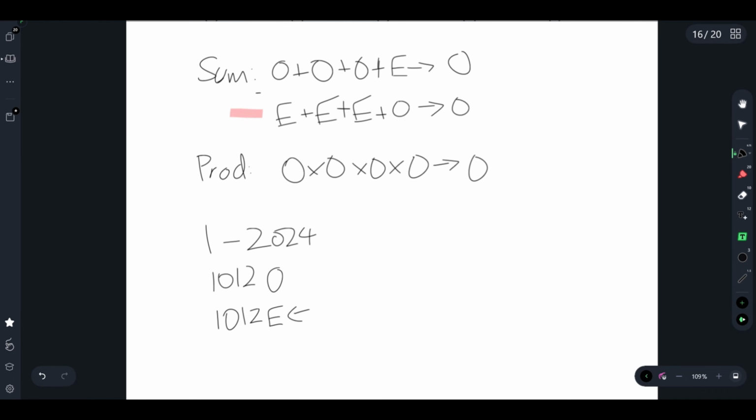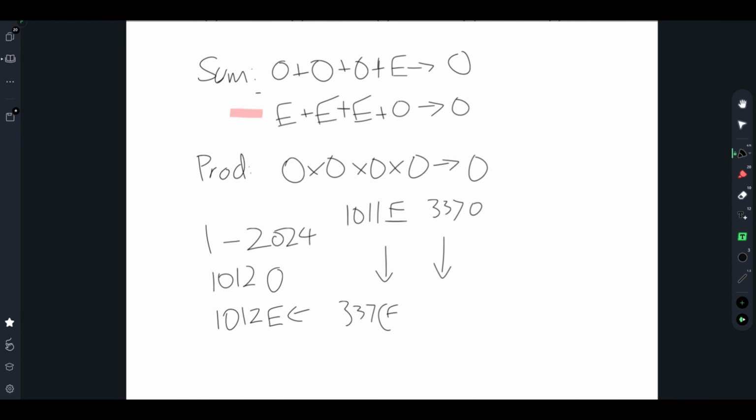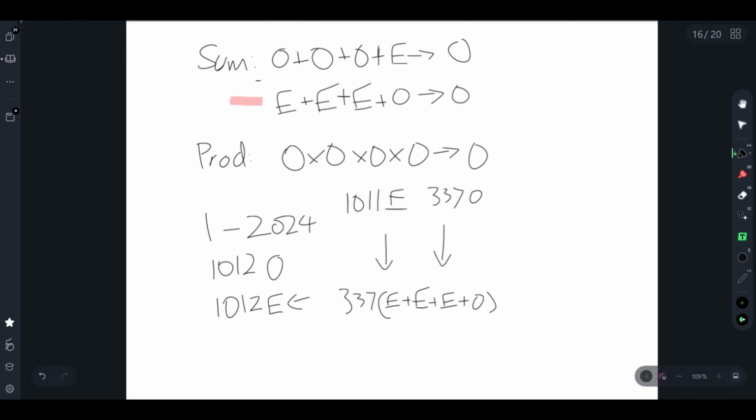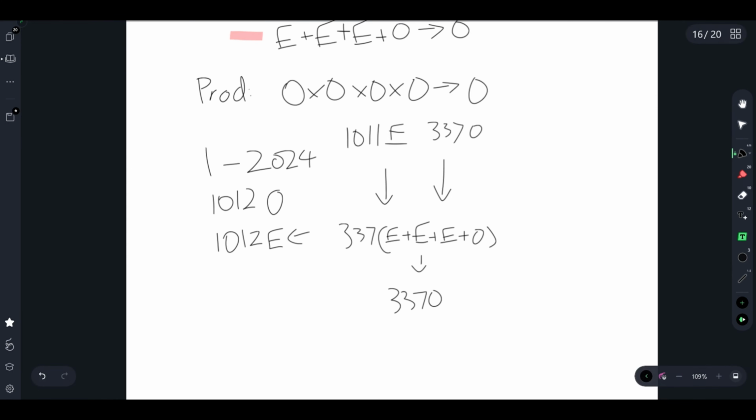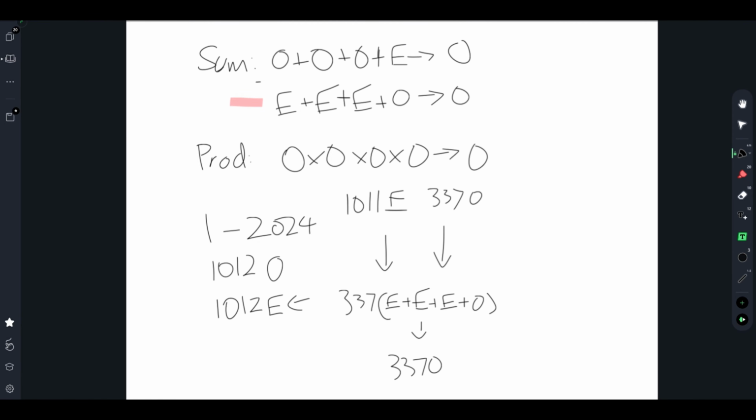What this means is that we input 1011 evens, and we input 337 odds to make 337 groups of E plus E plus E plus O. So this gives us 337 odd numbers. And then, there's one even number left because we only used 1011 even numbers.